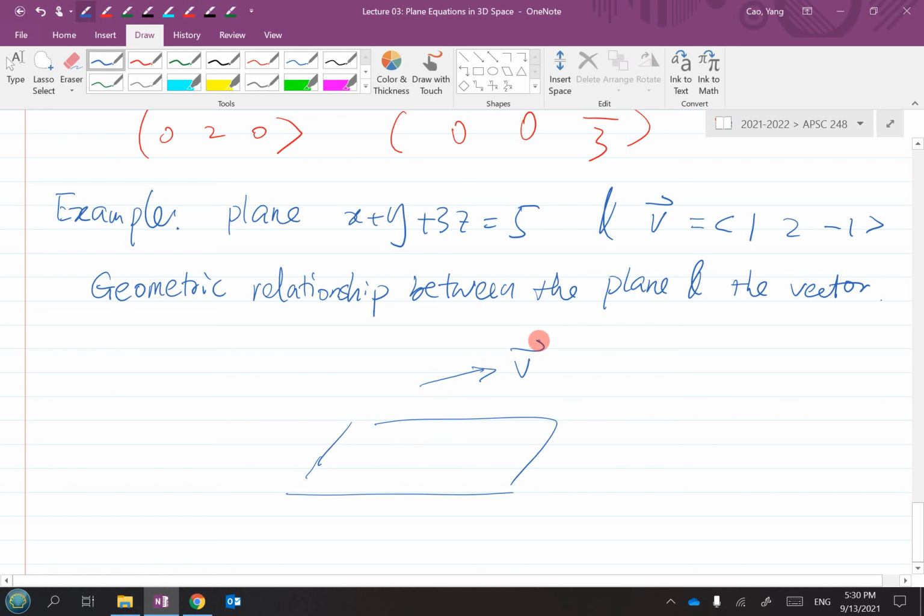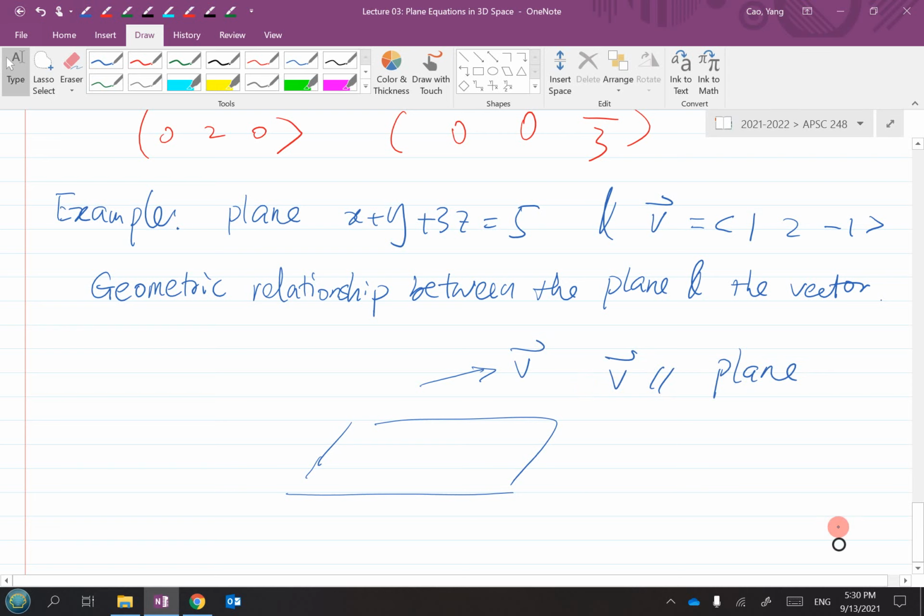Okay, so that's one geometric relationship. And this geometric relationship, what we call this, the vector is parallel to the plane. So the vector will not, in any nature, intersect the plane, basically. Okay? So this is, say, V is parallel to the plane. That's one type of relationship.